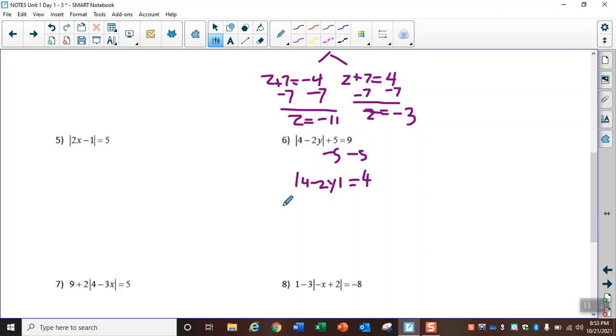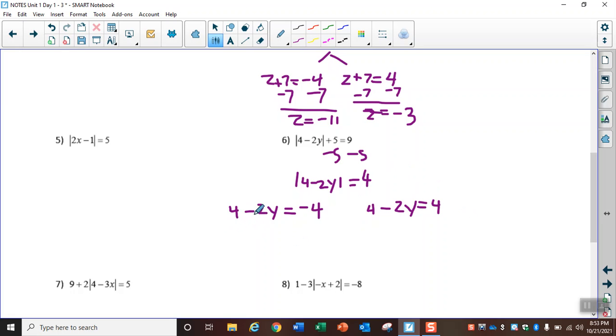All right, then I just take what's inside, set it equal to negative 4, or take what's inside and set it equal to positive 4. All right, so I did one the opposite and then one the same.